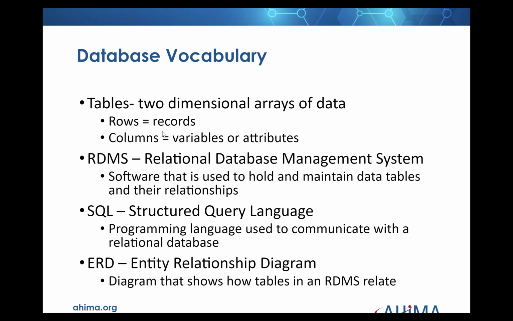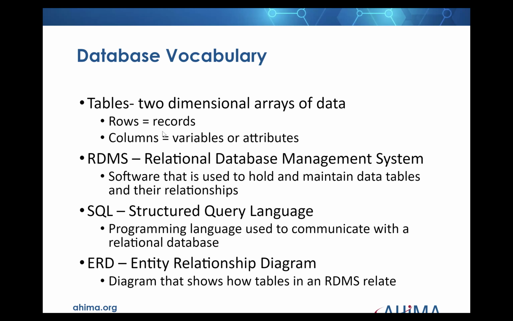First of all, we have data variables or attributes, and those are things that are in a column. We also have data records. Data records are things that are specific to a specific individual person or category, and it runs across different variables.